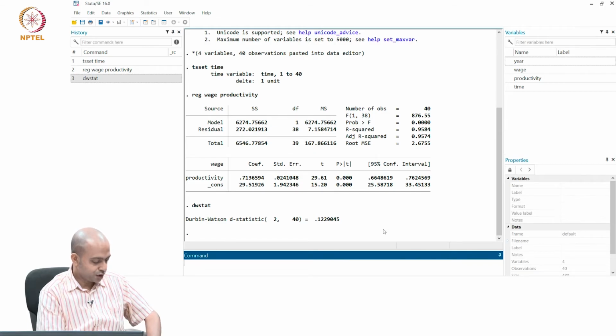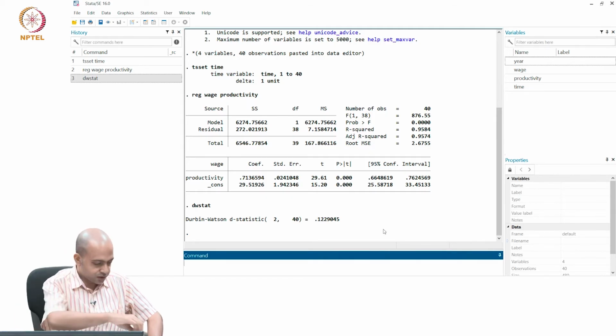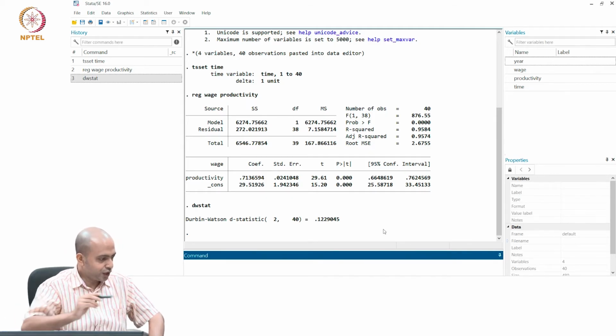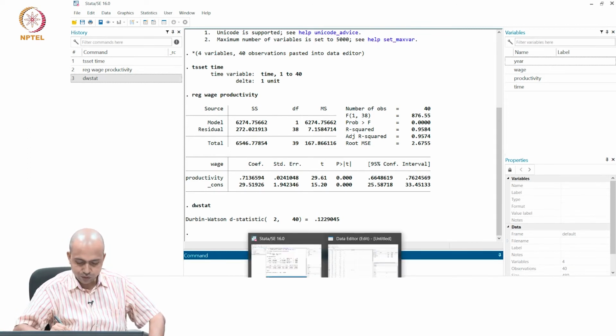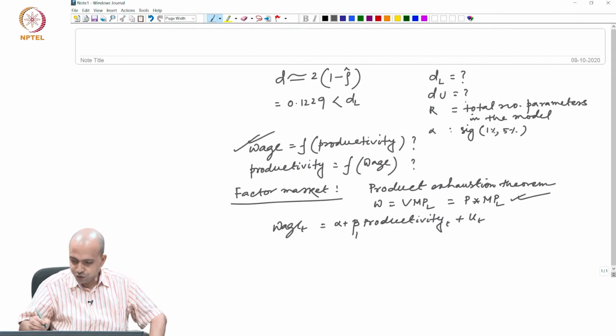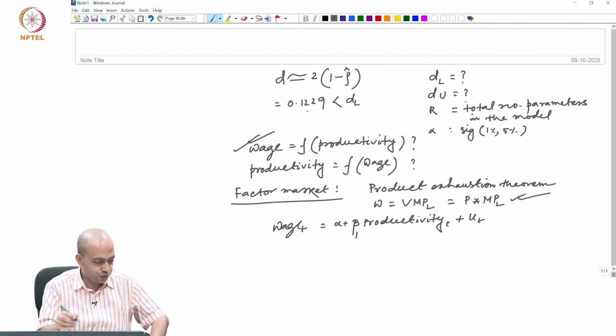Unless you go to the table, you won't be able to understand. So, when the number of observations is 40, you have the calculated value. This is the calculated value. The calculated value of d is 0.12. What was the value?